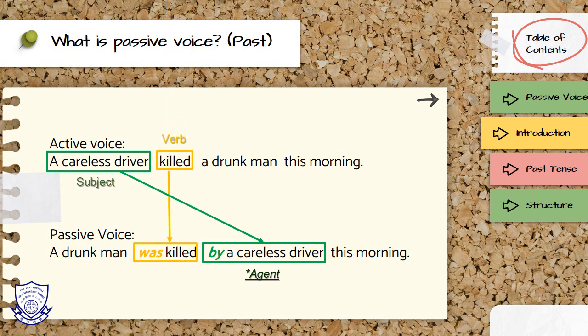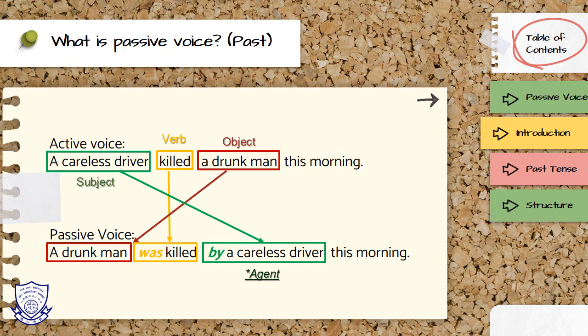And then we have the verb. You should notice that the spelling is the same, K-I-L-L-E-D. However, if you take a look at killed in the sentence in the passive voice, though the spelling is the same, in the passive voice it is a past participle, and you should also find right before killed there is the be, in past tense, that is was.